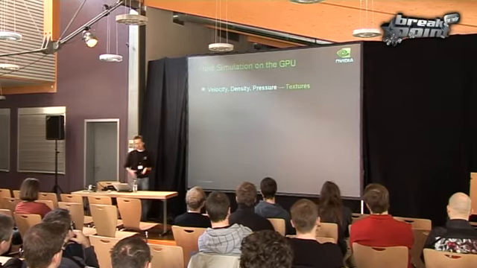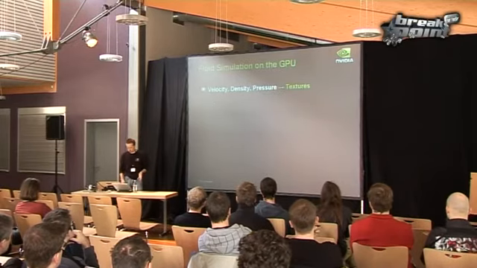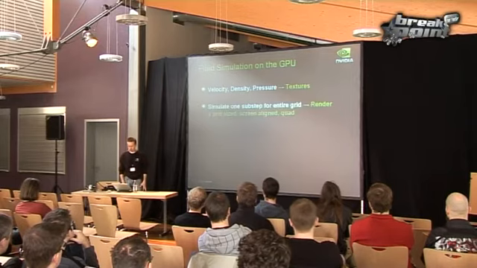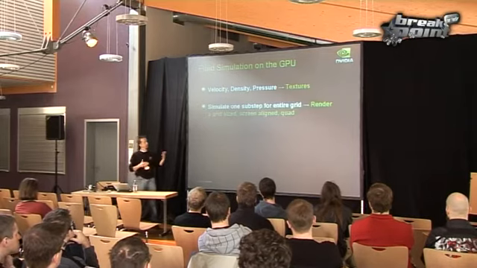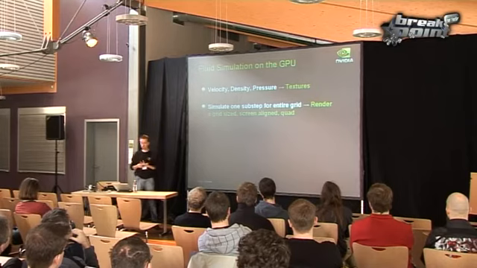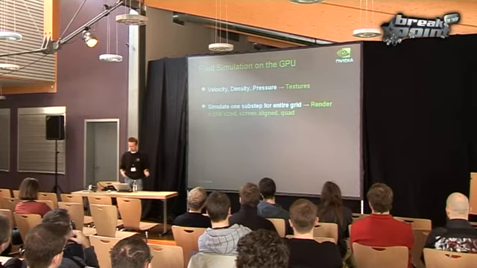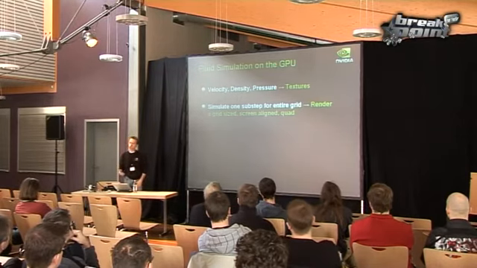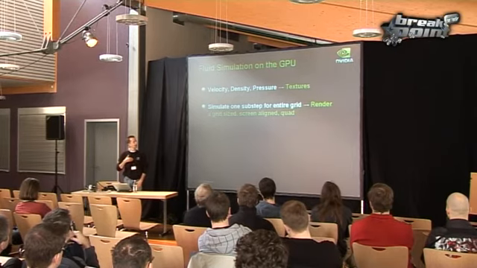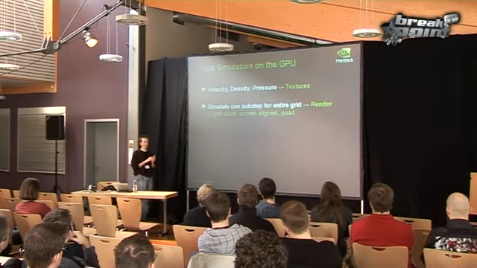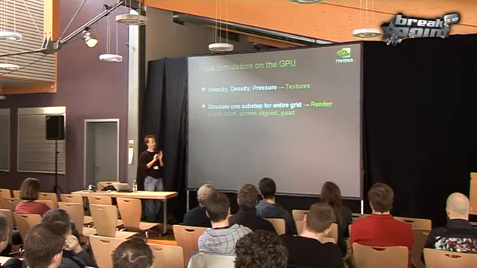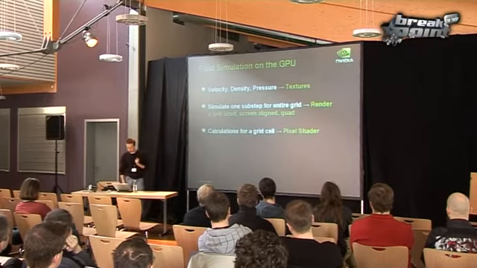Since we're doing this on the GPU, of course, we store our velocity, density, and pressure fields in textures. They're two-dimensional textures for two-dimensional space, and similarly three-dimensional for three-dimensional space. When we simulate one sub-step for the entire grid, we render full-screen quads, forcing the pixel shader to run at every grid cell.